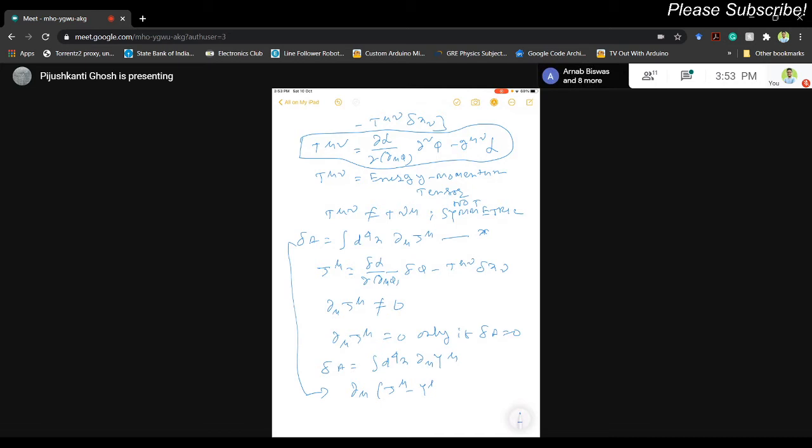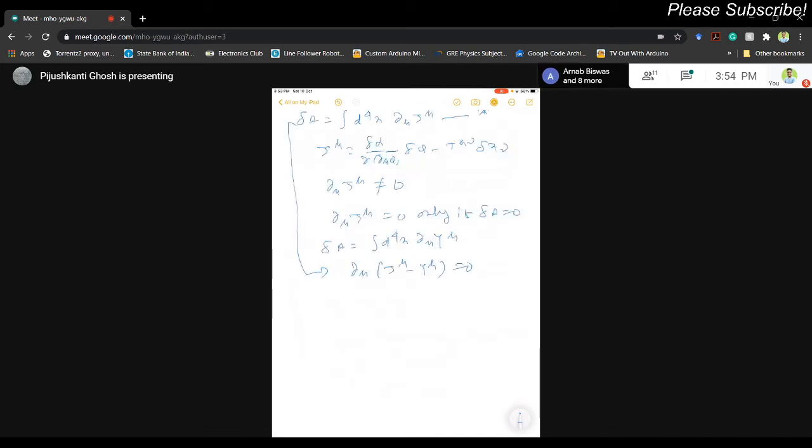Left side delta A is changing like d4x del mu y mu. Right hand side you have d4x del mu J mu. So I take both the terms to one side, either left hand or right hand side. Then this gives me this equation.